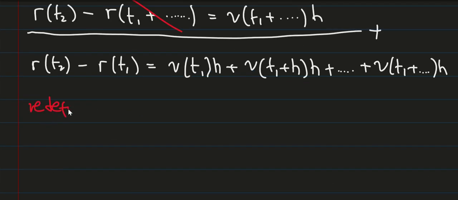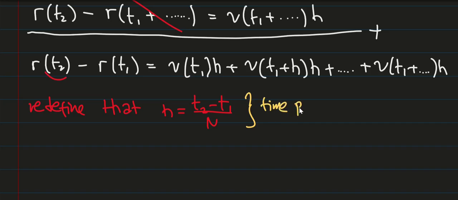Next, we define h as equal to (t2 minus t1) divided by some number n, which is a partition of the time interval, so we call it a time partition, or just a partition, which is about slicing an interval, in this context the time interval.